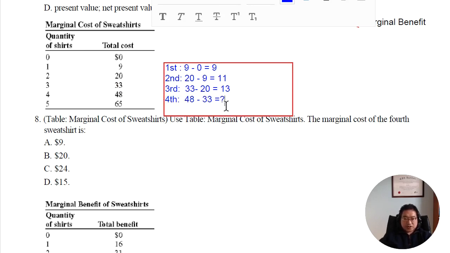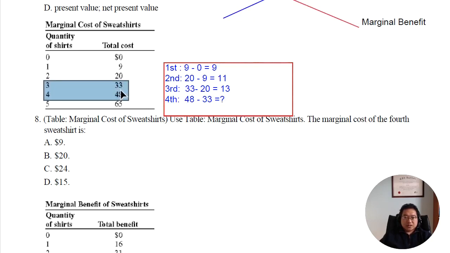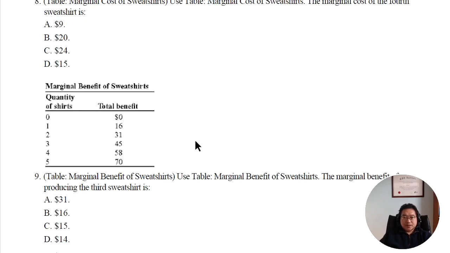This one is how much? Okay, that's the marginal cost of the fourth sweatshirt. Of course, you can start from using 48 minus 33, but I just want to iterate this process to show you how the marginal cost is calculated.